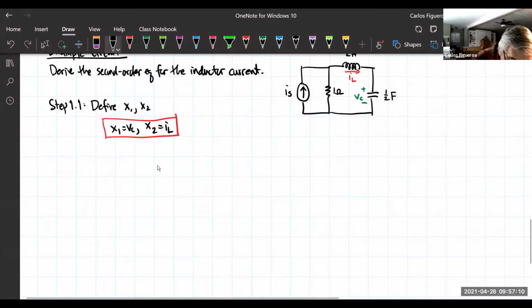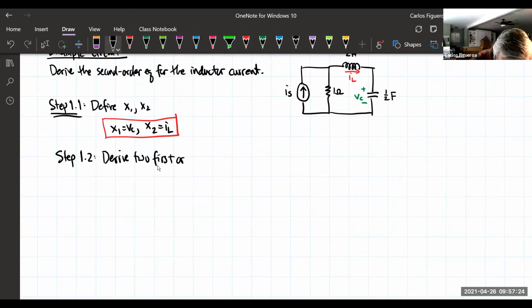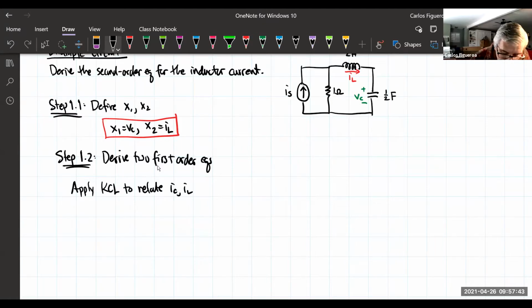So now we're going to go to step 1.2. And here we need to derive 2 first order equations. So let's go do that. The first one, I got to apply KCL to relate IC and IL.